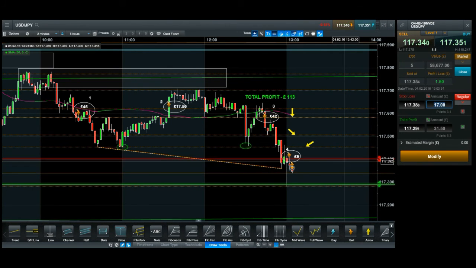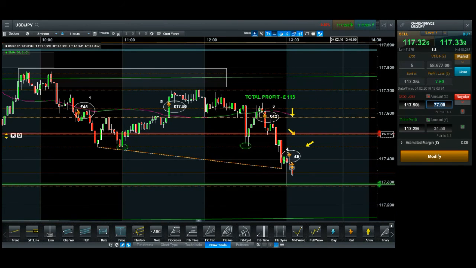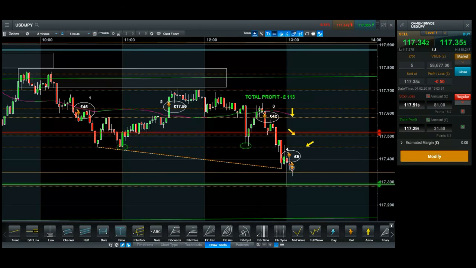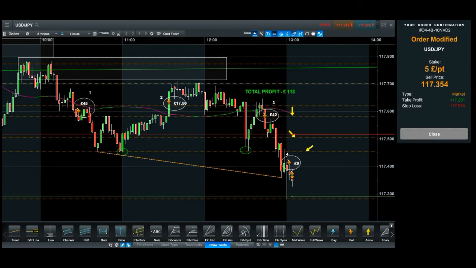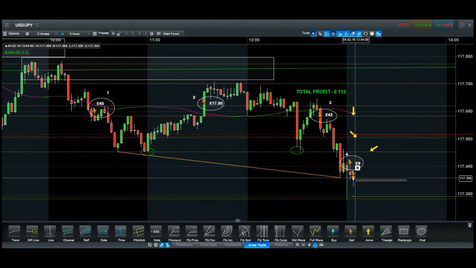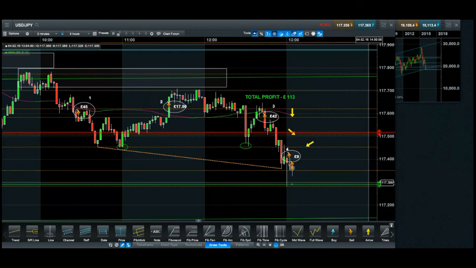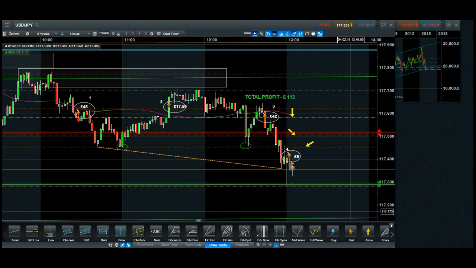So I'm going to take my profit at the wick of the last previous candle, and then I'm going to have a stop loss just above the previous red candle. So with this setting, this trade should be safe from losing too much, and not too greedy to take the profit there.